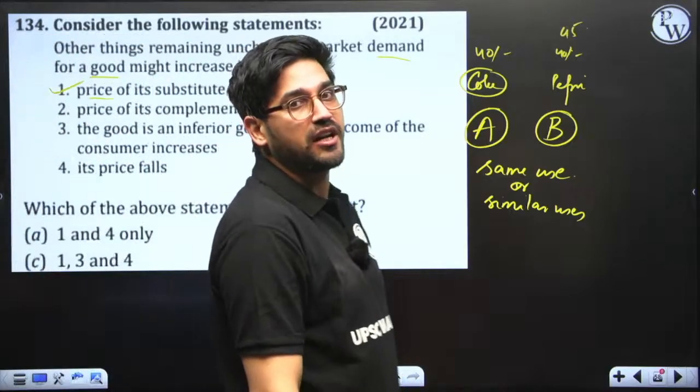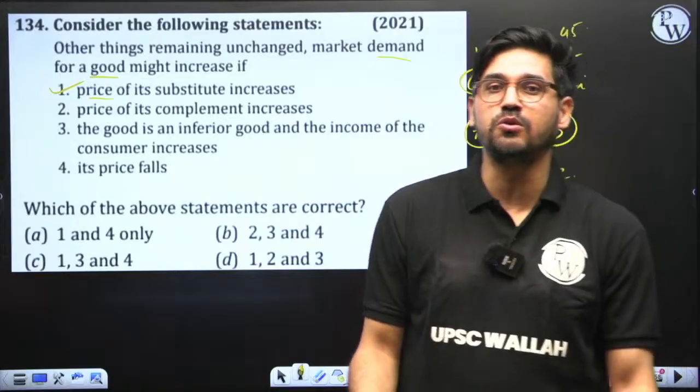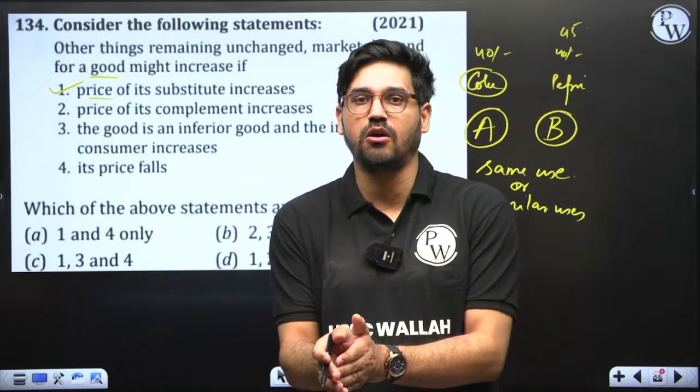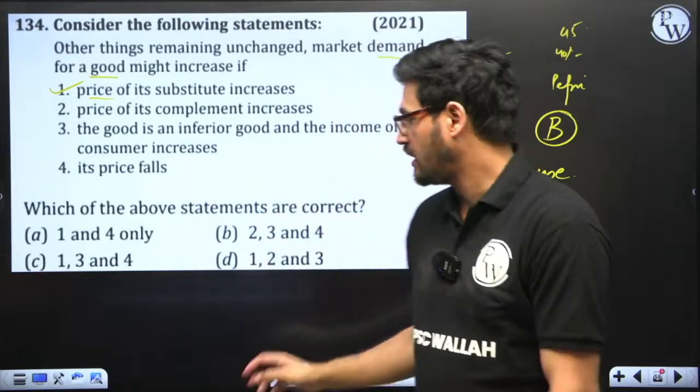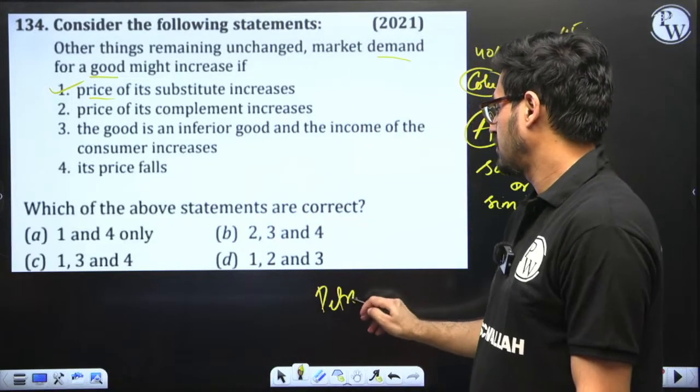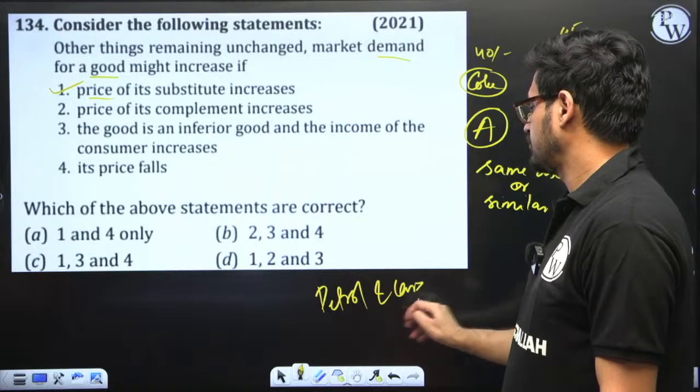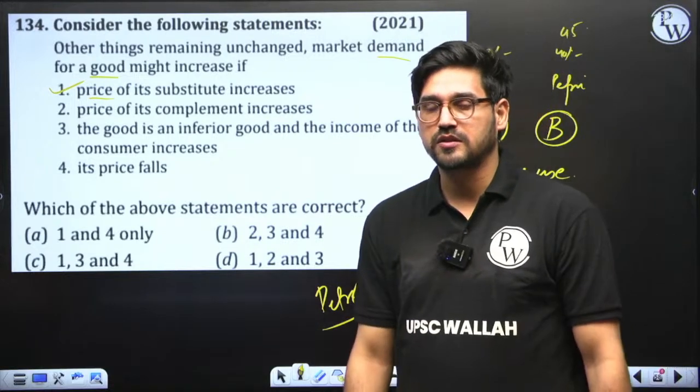Price of its complement increases. Now, complementary goods are those goods whose use is associated with each other or who depend on each other for them to be used. For example, petrol and cars. Both are complementary goods.